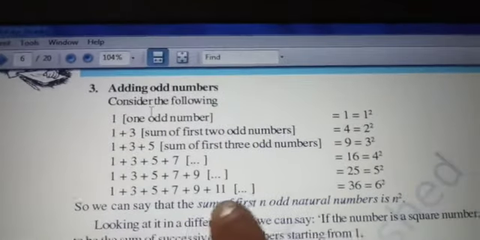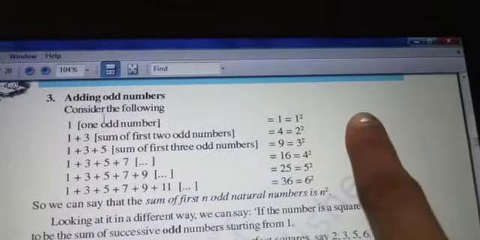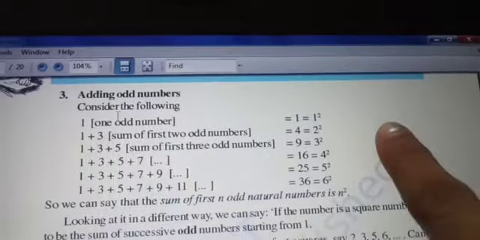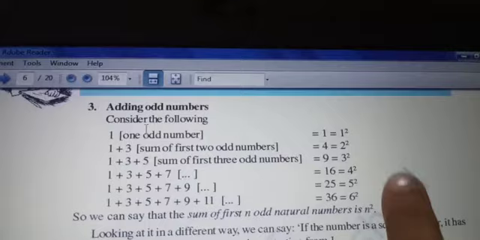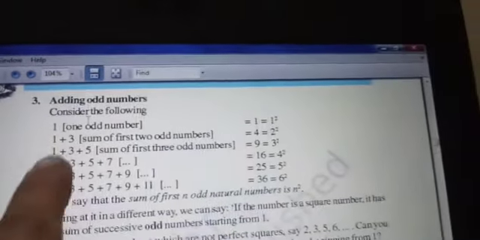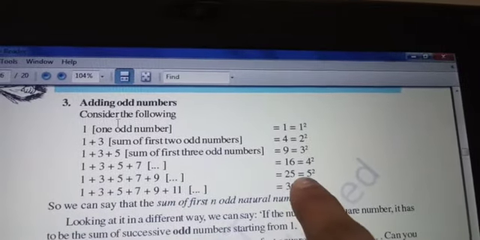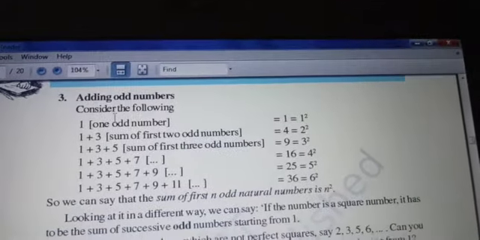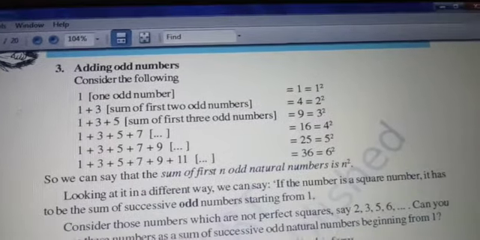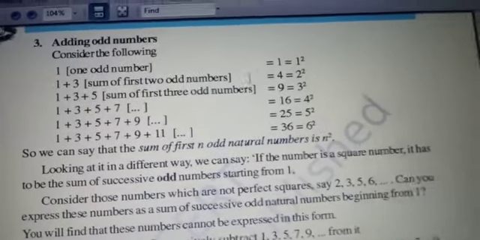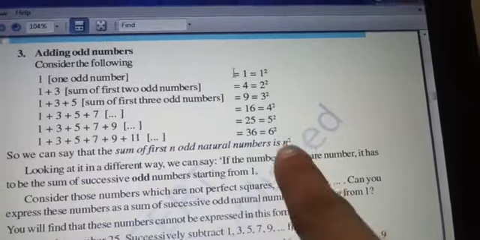So the sum of the first n odd numbers is n square. 1 odd number, 1 square. 2 odd numbers, 2 square. 3 odd numbers, 3 square. So n odd numbers, n square. If you are adding 5 odd numbers, the answer is 5 square. If you add the first 10 odd numbers, the answer is 10 square, which is 100. That is why they have given the sum of first n odd numbers is n square.